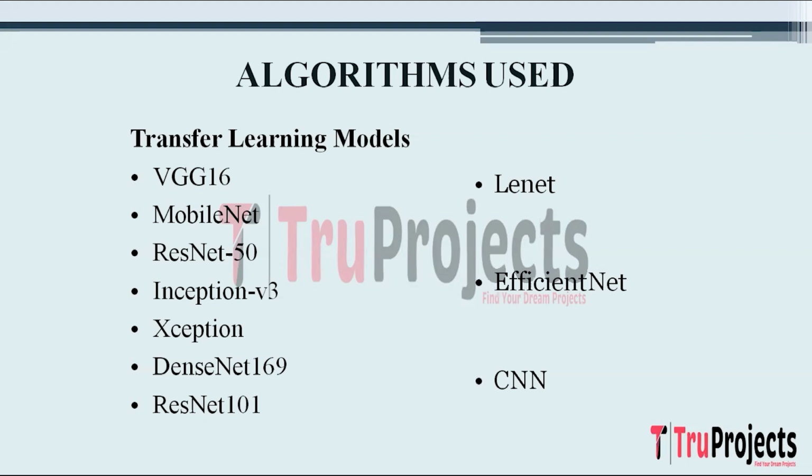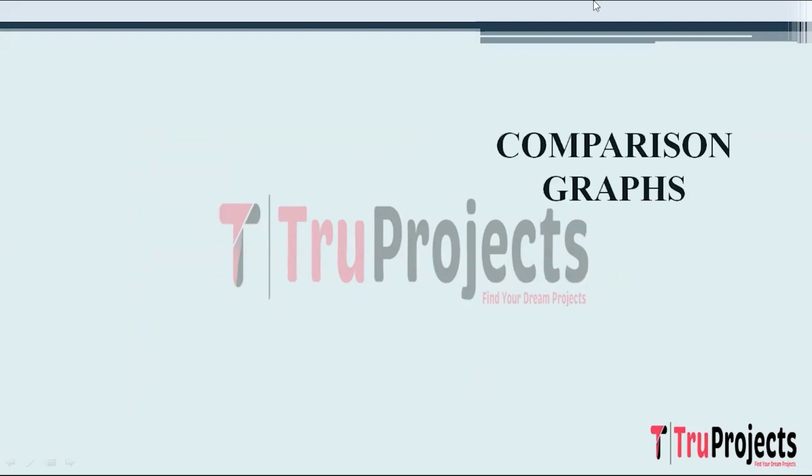In this mushroom classification project, CNNs are well suited due to their ability to automatically learn and extract relevant features from mushroom images, enabling accurate classification based on visual characteristics. Now we'll see the comparison graphs.